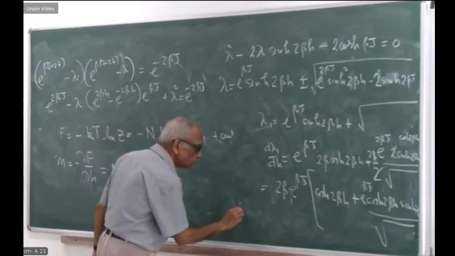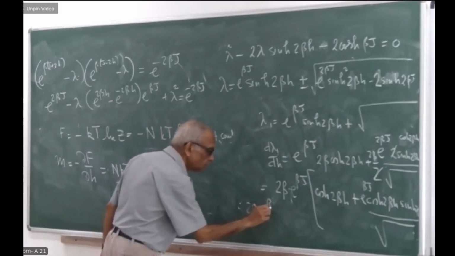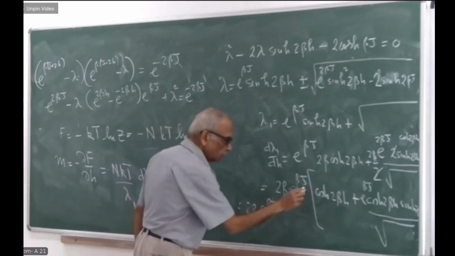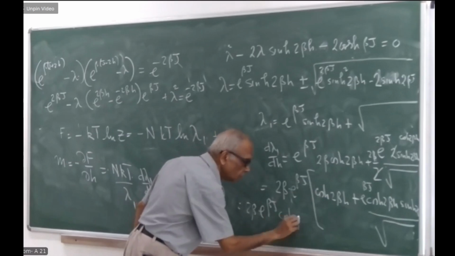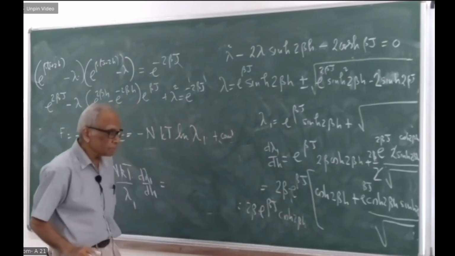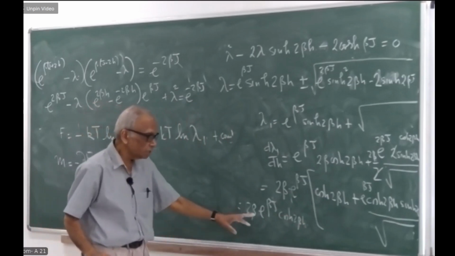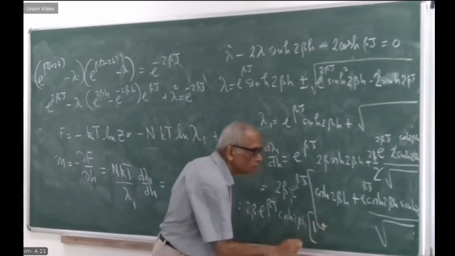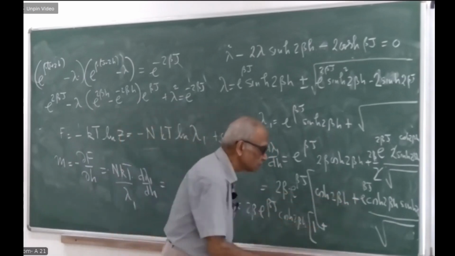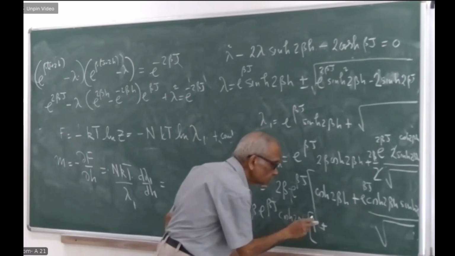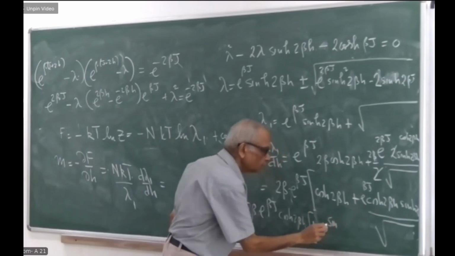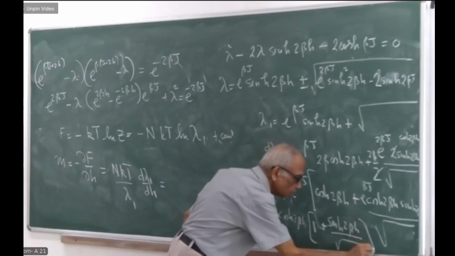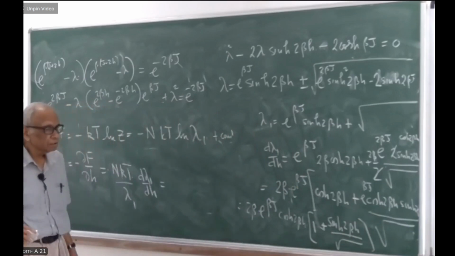So this is 2 beta e to the power beta J, and I can factor out a cosh 2 beta h, correct? So 2 beta e to the power beta J, and then it is 1 plus sinh 2 beta h divided by the square root over here, correct?